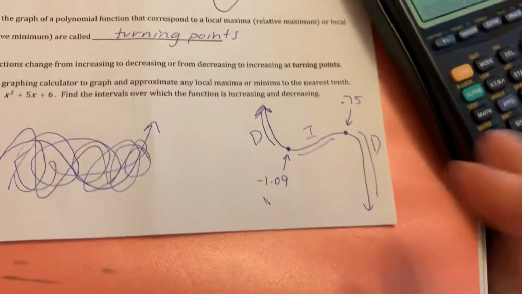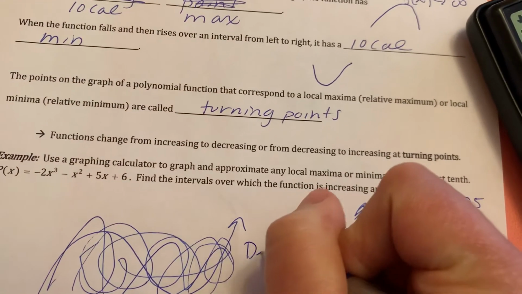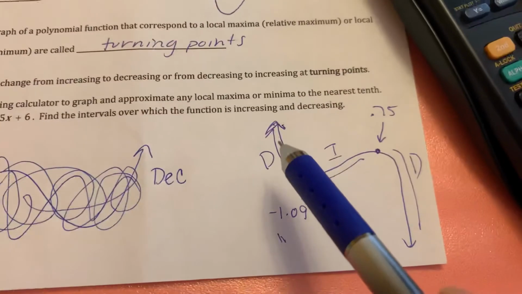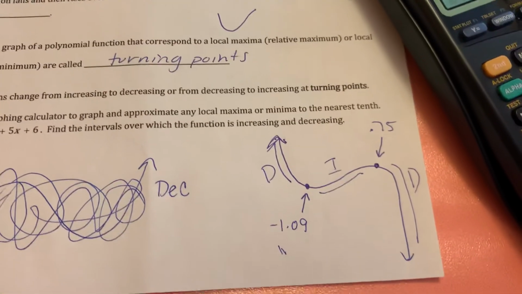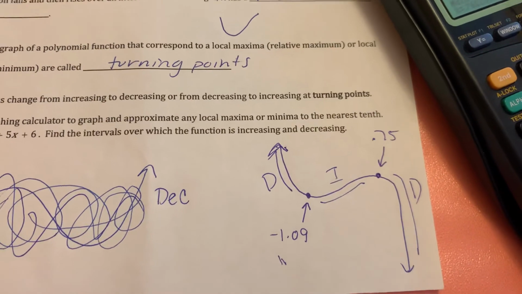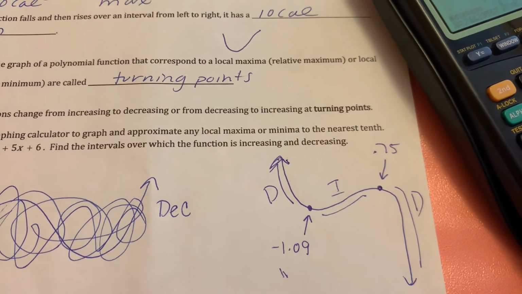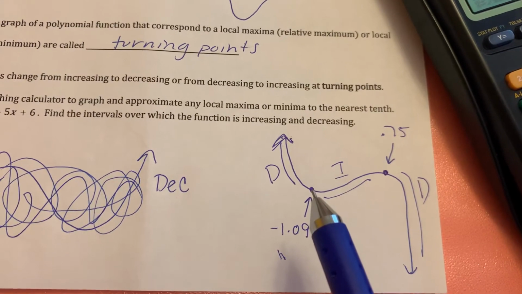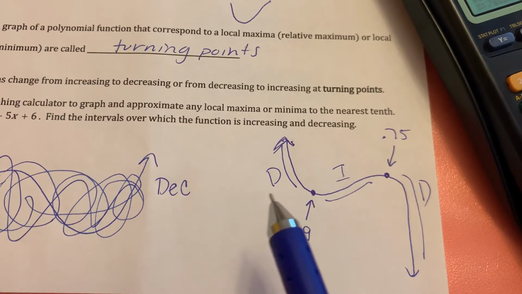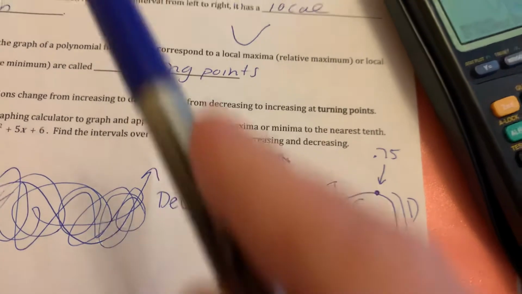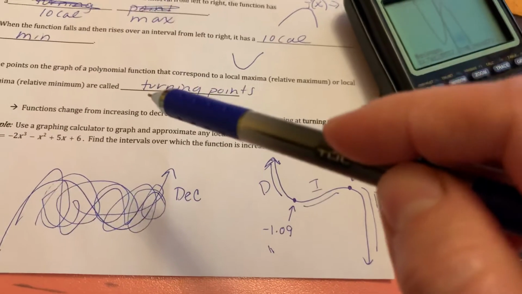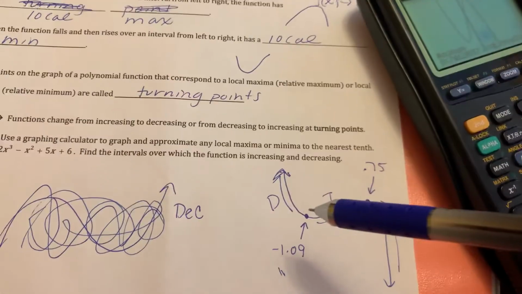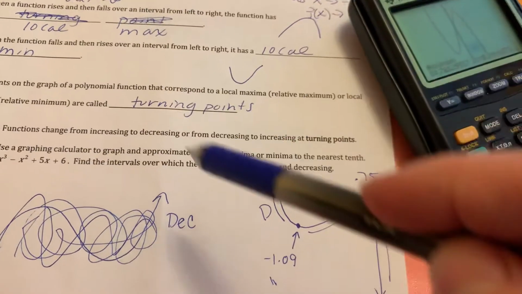So decreasing. We are decreasing. Decreasing is your y value. So we want to know the x value. So from what x value to what are we decreasing? Well, we're at -1 here. -2, -3, -4, -5. So you start from way up here. You're saying from the negatives, you're starting up here and going down.